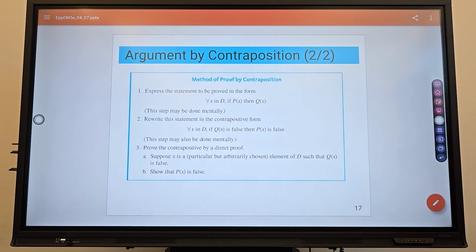And then prove the contrapositive by direct proof. Suppose x is a particular element of D such that Q of x is false, and then show that P of x is false.